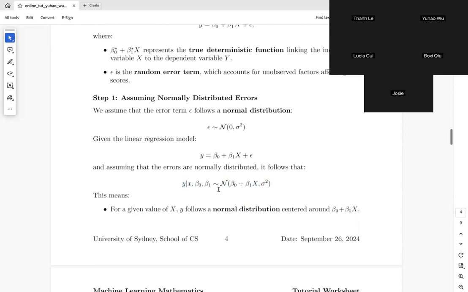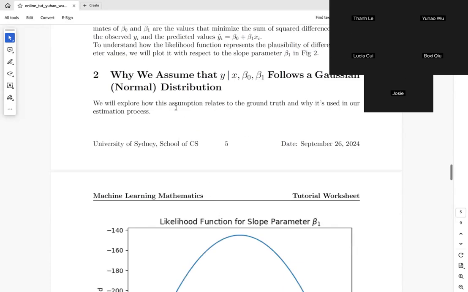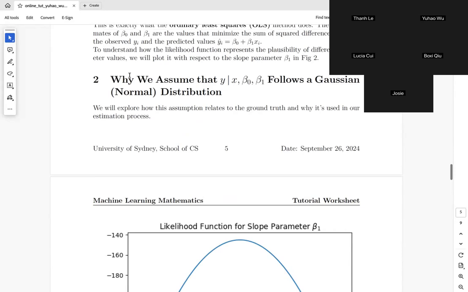So why do we need to make this following assumption? We assume the epsilon, and we also assume the y belongs to a normal distribution. Now we will introduce this point. Why do we assume the y follows a Gauss distribution based on our assumption on the epsilon?